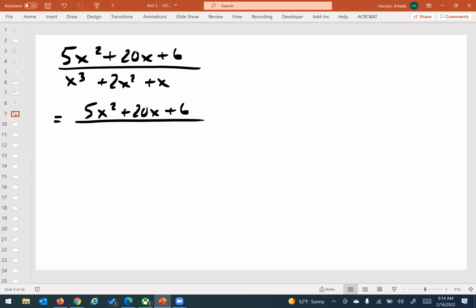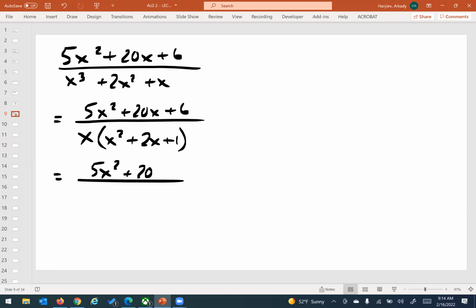Gotcha. So notice that we have x's all the way across. We could pull out an x already, right? At first, and then we'll do the box method. And this one becomes x squared plus 2x plus 1.